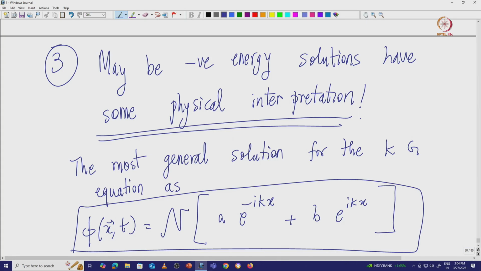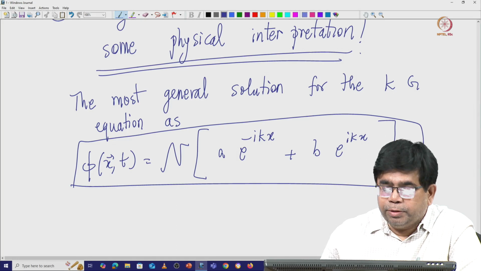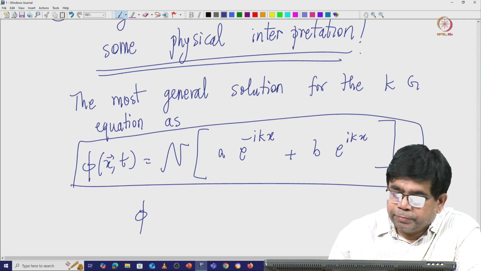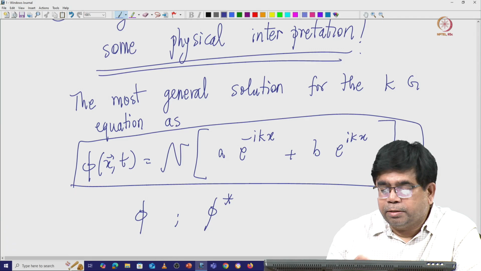Okay. Now, let us try to proceed, let us try to see how we want to interpret. Now you see that there is a solution for phi, there is a solution for phi star, which is the complex conjugate of phi.